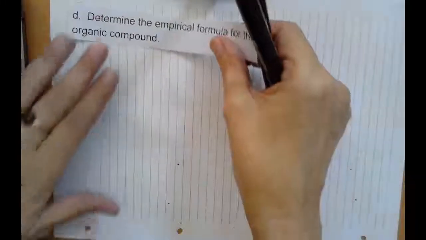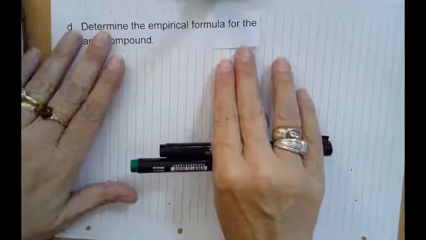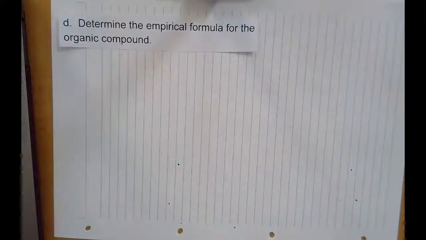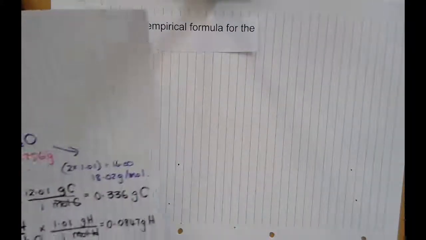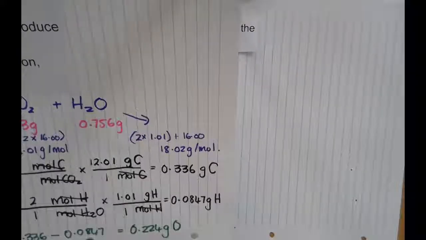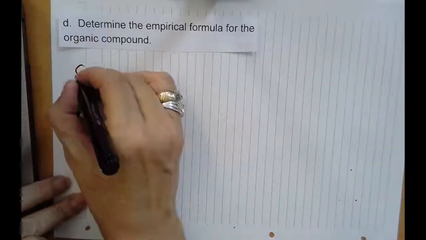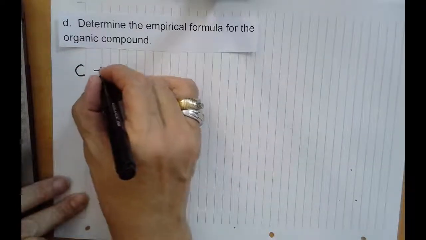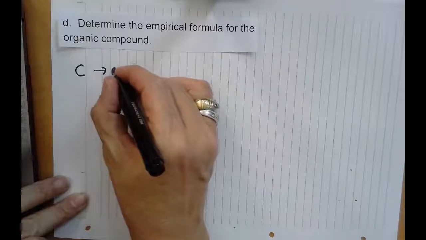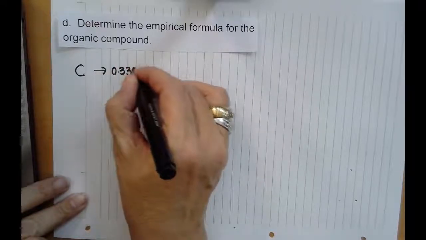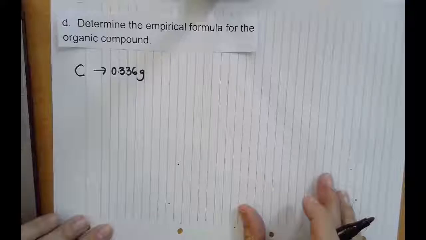Now, to determine the empirical formula, I need to use the values that I determined in this calculation. So let's copy them over here. My carbon was a mass of 0.336 grams of carbon.